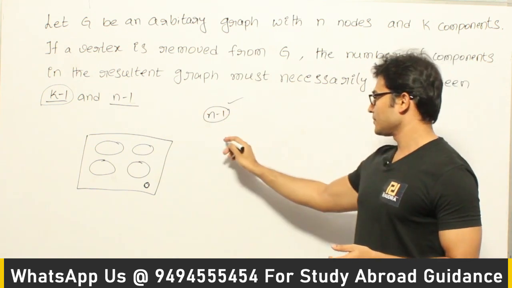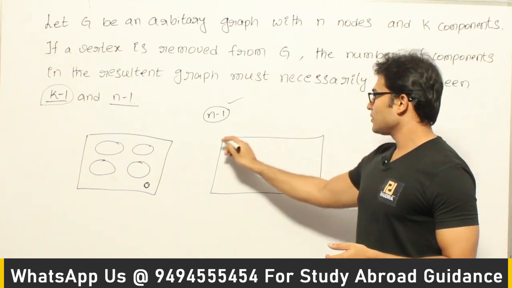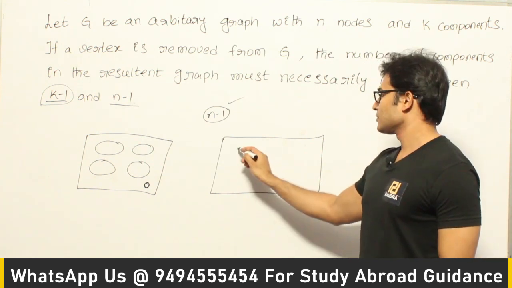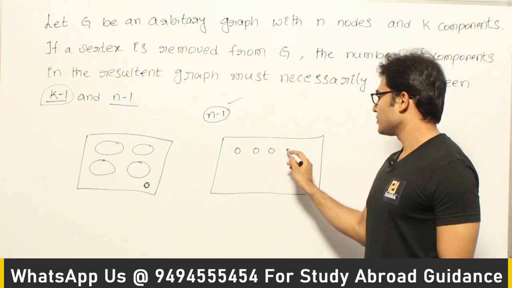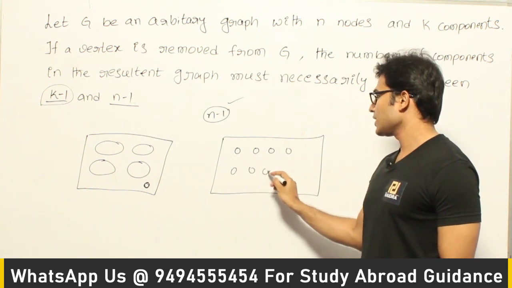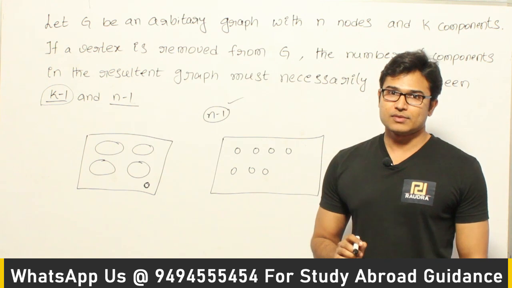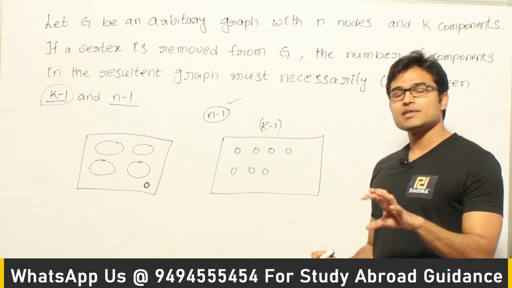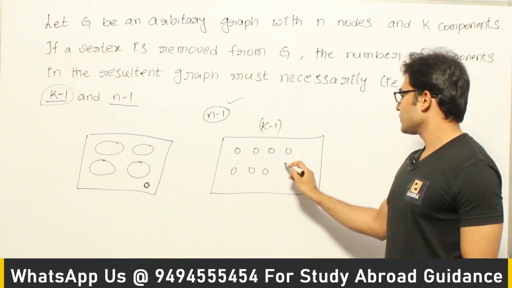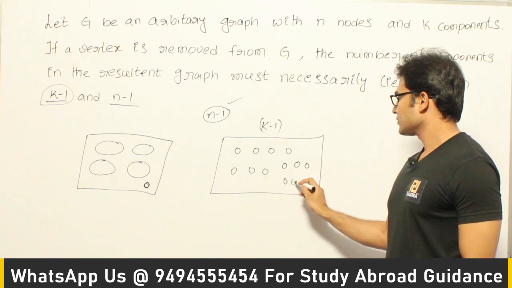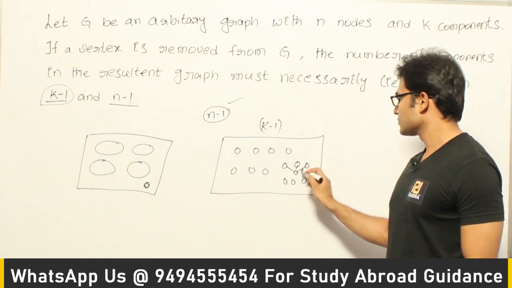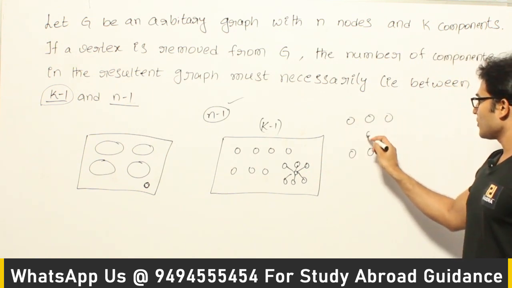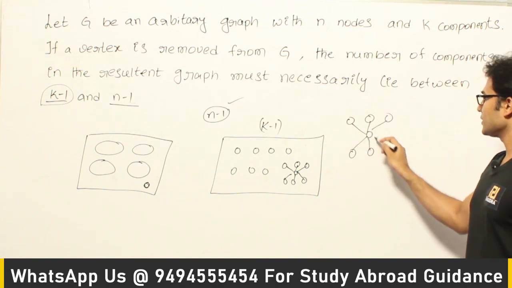Now how is this possible? You can imagine it this way. Assume that we have k components. Of these, k minus 1 components are isolated vertices, and the remaining vertices, I don't know how many, are arranged in such a way that it is a star graph, all of them connected by a central vertex.